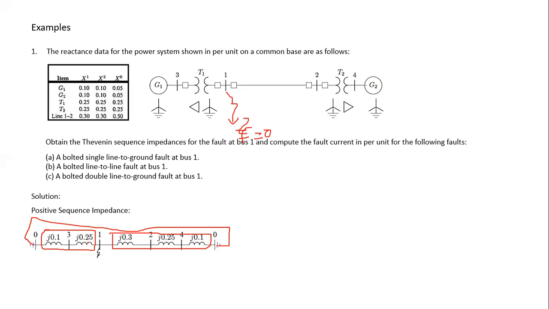The combination of these two branches is in parallel with respect to bus 1 and the reference point. So the positive sequence impedance at bus 1 is equal to j0.35 multiplied by j0.65 divided by j0.35 plus j0.65, which is equal to j0.2275.